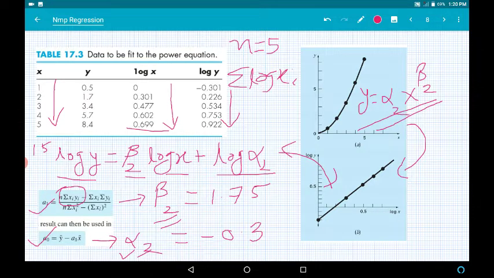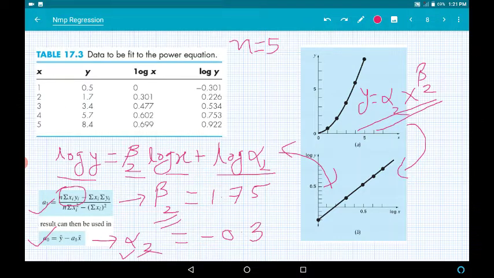Similarly, you will have to use summation of log of yi. So wherever I have xi in the original equation, that will be replaced by log of xi. Okay, this you must remember. So summation xi is in this case summation of log of xi. This has to be remembered.